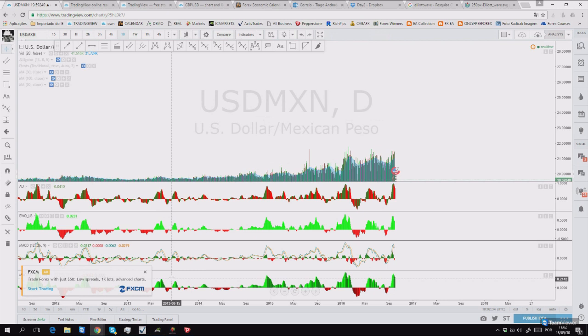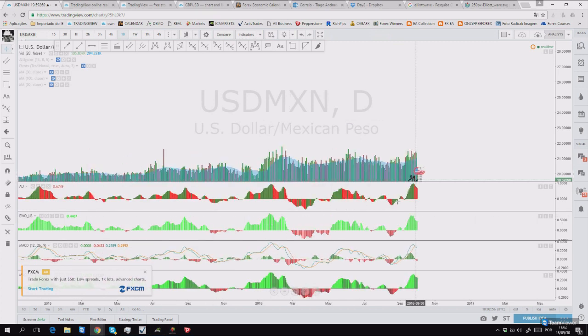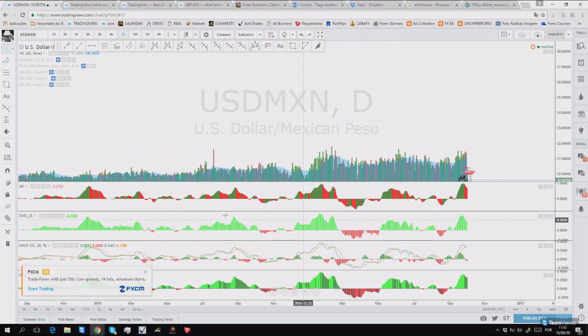So you can either use the MACD or the Elliott Wave oscillator or the awesome oscillator. This Elliott Wave oscillator doesn't give you the line cross that many people use as an entry.